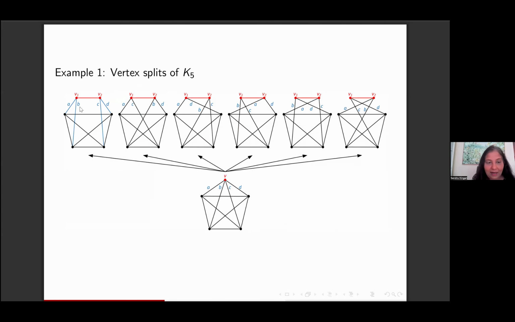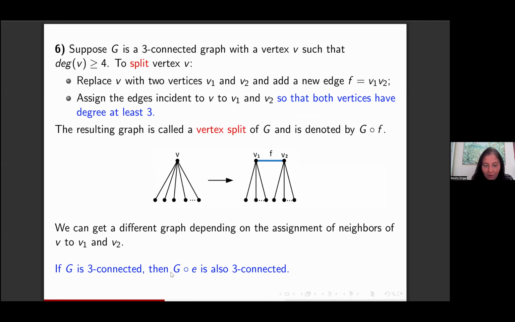And I can assign A, B to V1, or AC, or AD, or BC, or BD, or CD, right? So not all of these have to be isomorphic. They are for K5. But you can get many non-isomorphic vertex splits when you split one vertex. Let me jump back to the previous slide for a moment.